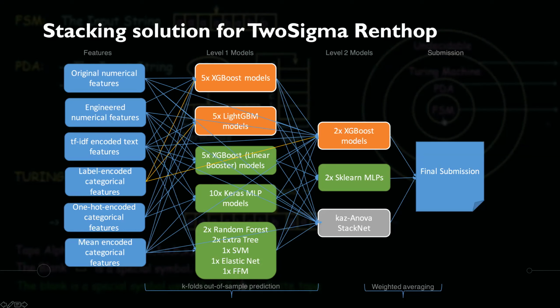There's a question from Diana. Do we need all 5 models in level 1? No, not necessarily. It depends most of the time. I would say even if you train 5 or a few LightGBM models or XGBoost models using different parameters, you would end up with a decent result.